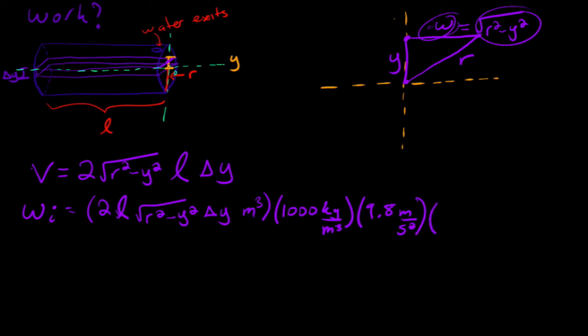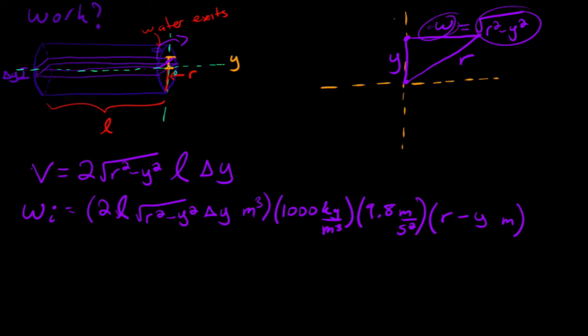So to go from where it is, which is y, up and out, is going to be r minus y meters. And notice this applies if it's above or below the x-axis.